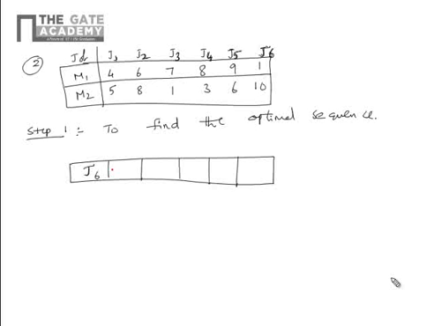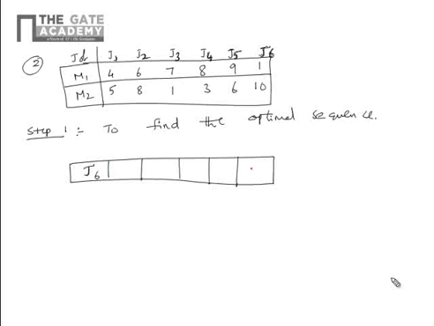So I selected job 6. That least value is with machine 1, so assign it first.